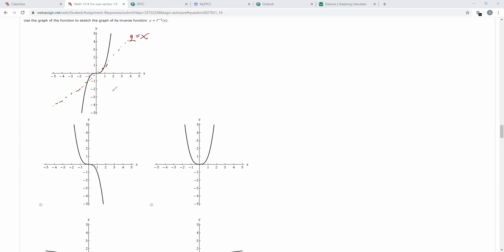Then we're looking for the reflection of these pieces, and this is when I can really mess up here, and it looks something like that. And this part reflected will be something like that.